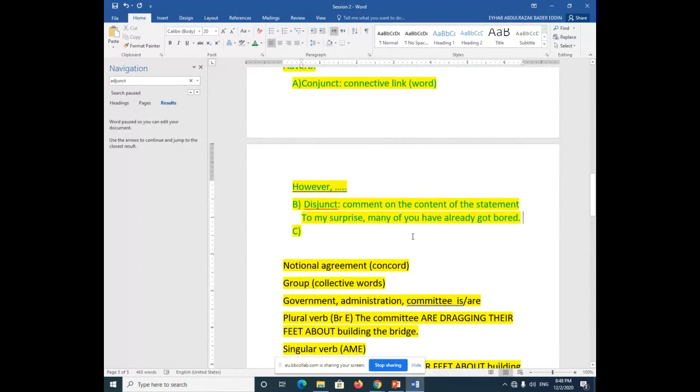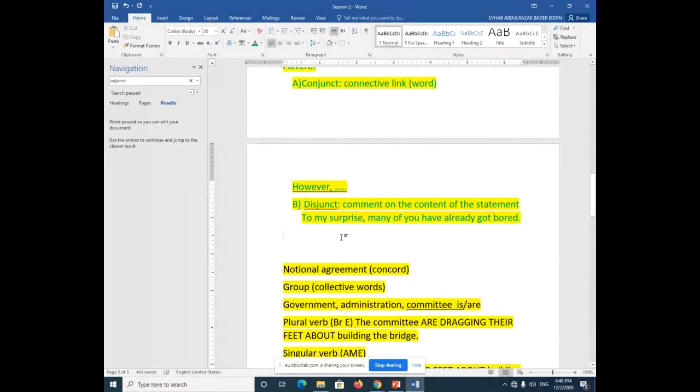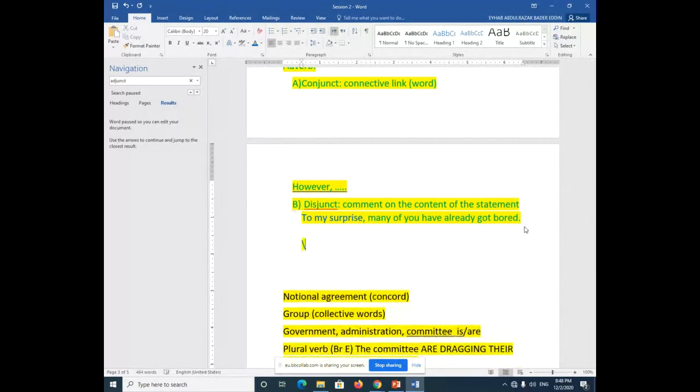That's true, and this is also a rhetorical question. So, to my surprise is a disjunct. It has meaning about it. It is a comment on the whole statement which follows it. Clear? Right. Okay, so again, of course, we have other types of adverbs: adverbs of manner, time, place, etc.